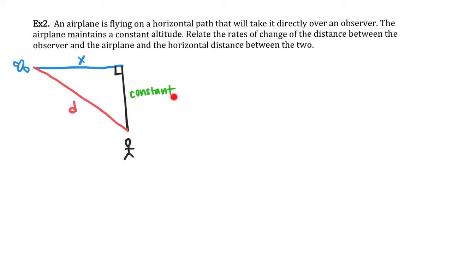And this is some constant value. I don't know what the constant is. It might be 1,000 meters. It might be 200 meters. I don't know what it is. Okay, but just initially, I'm just going to set up the relationship using the Pythagorean theorem. So this is x squared plus some constant squared equals d squared.